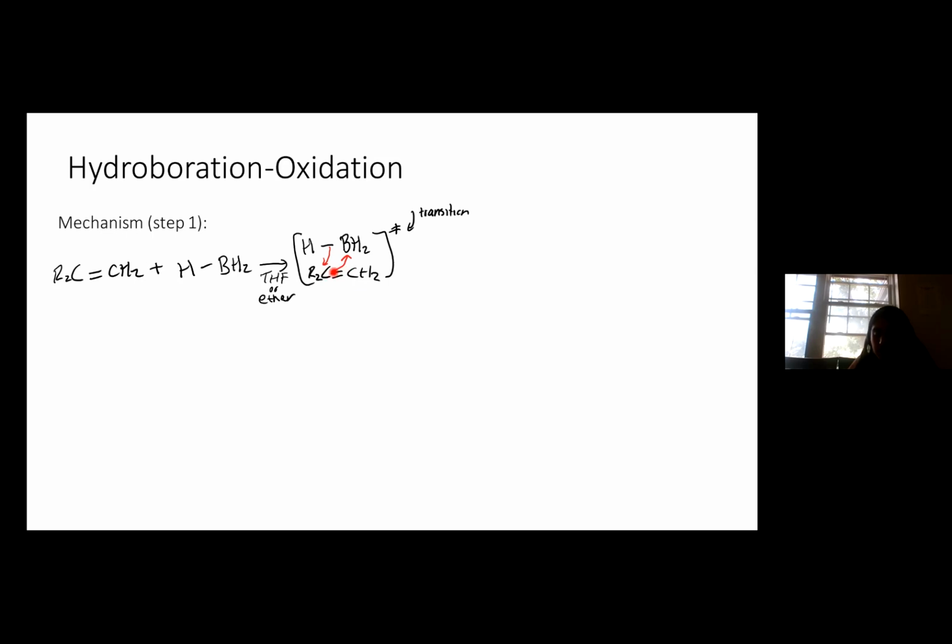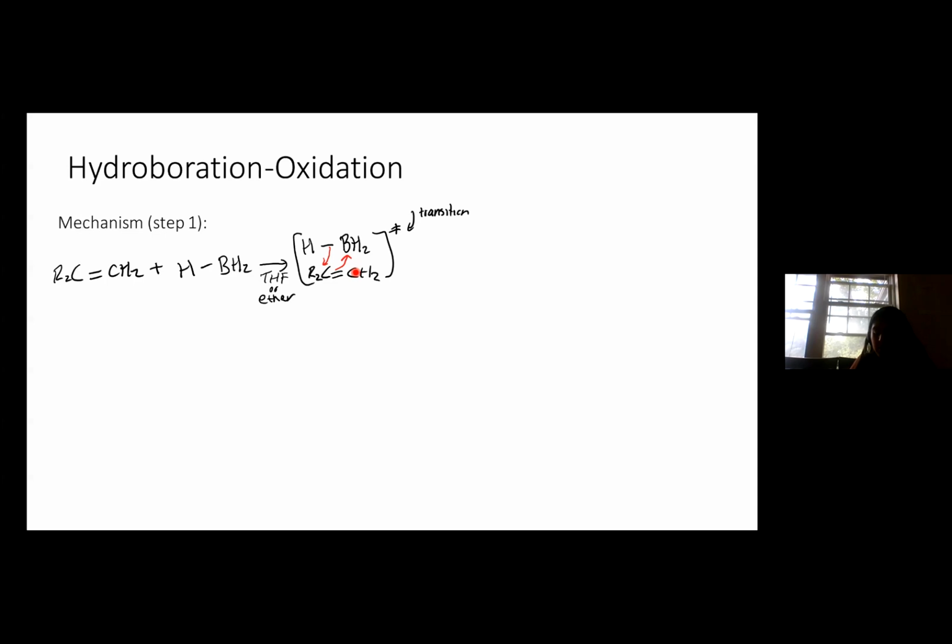Those electrons are going to go to B. So now we're going to create a bond between the carbon and boron. And then this bond between boron and the hydrogen is going to break, and those electrons are going to go to C. So we're going to be forming a bond between C and H. So, right, we have broken this bond and one of the double bonds and have formed a bond between C and H and B and C right here.